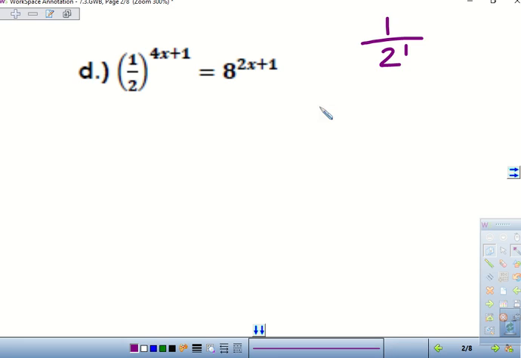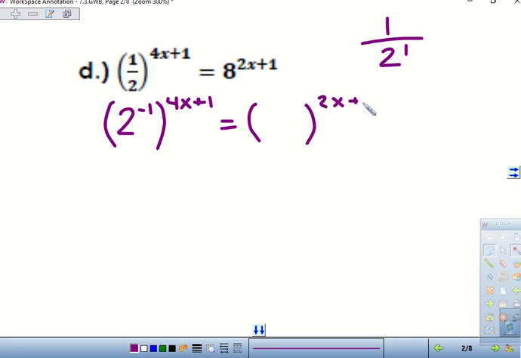And I want to get rid of the fraction. 2 to the negative 1. And then how can I rewrite 8 so that it's something 2 to the power of? Good, 2 to the third. Now remember, now that the bases are the same, we can set the exponents equal, and we're going to use the distributive property.